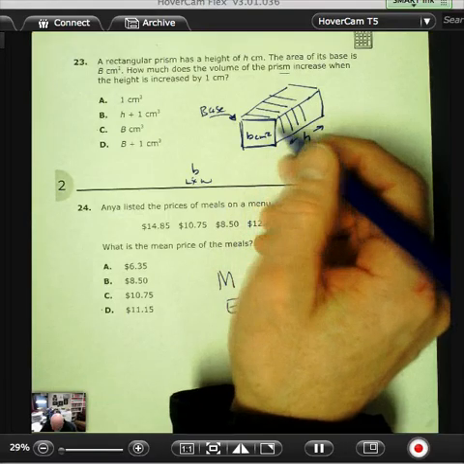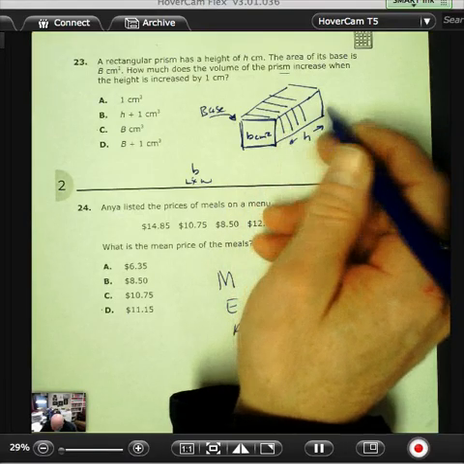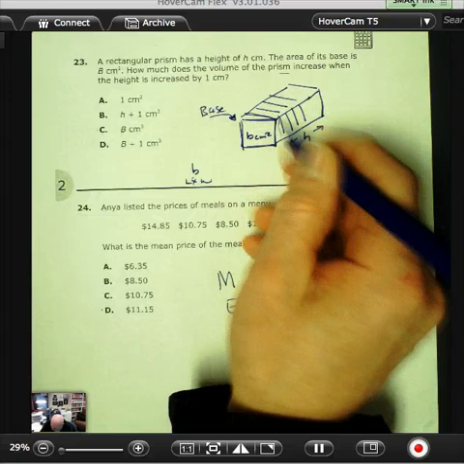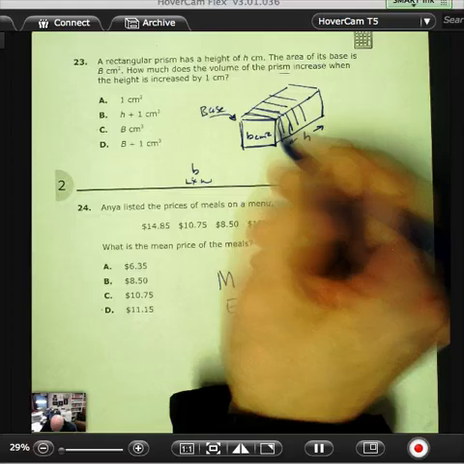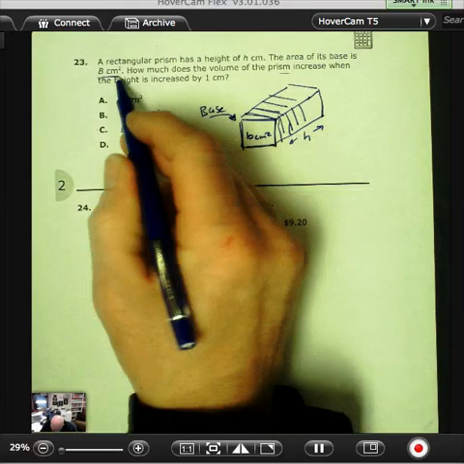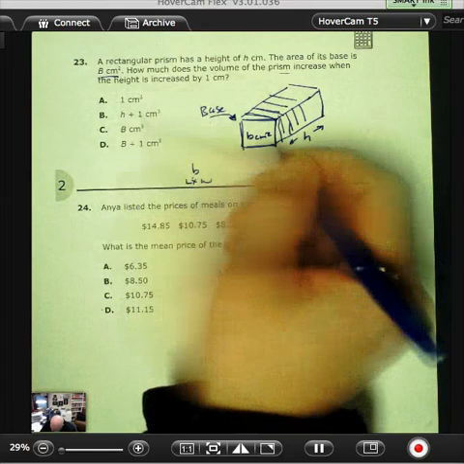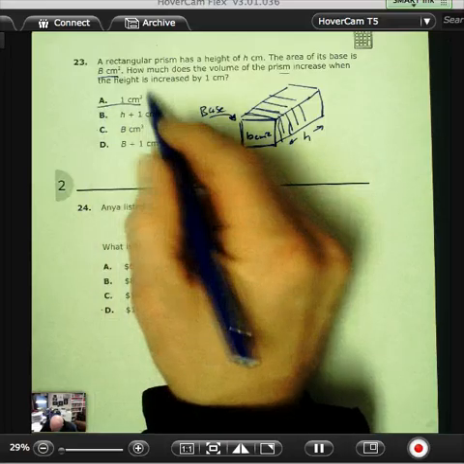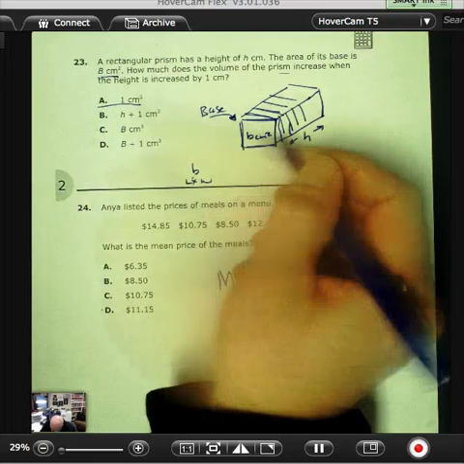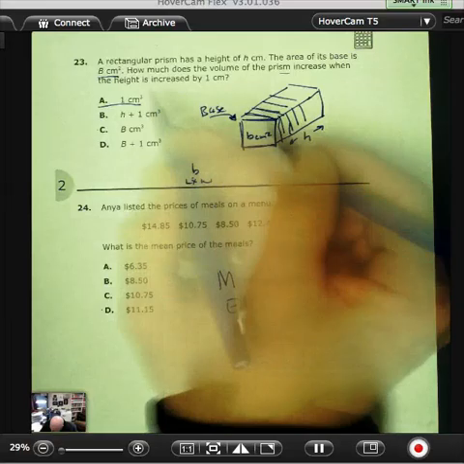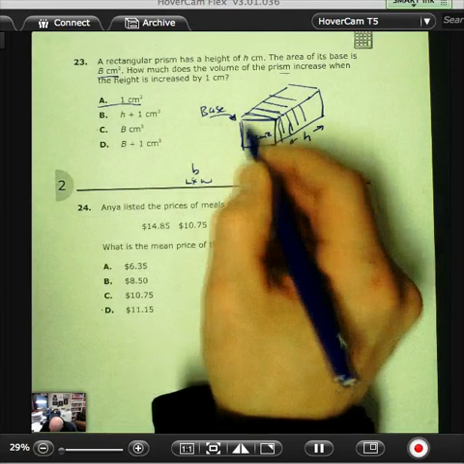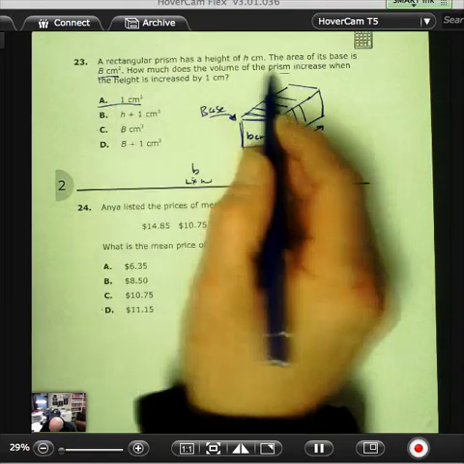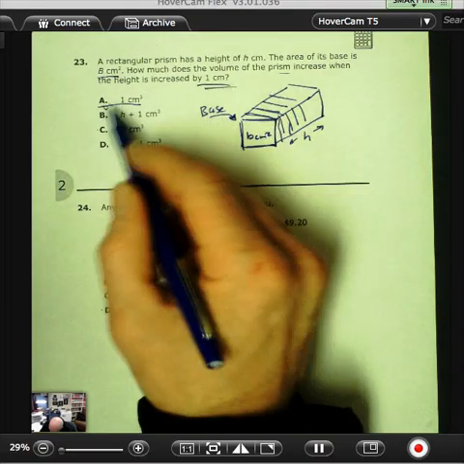I want you to think of a rectangular prism as a cake. If each layer of that cake is 1 centimeter, well, when we take b centimeters squared times 1 centimeter, it would be whatever that is. Here's my 1 centimeter up here. When it increases by 1 centimeter, I underlined the wrong thing.